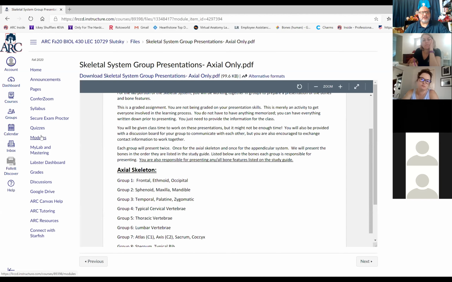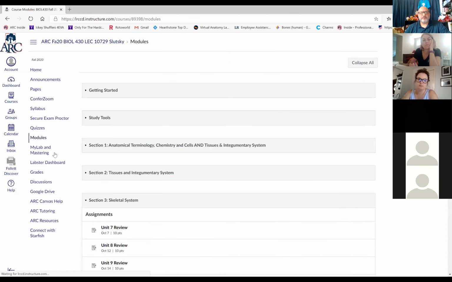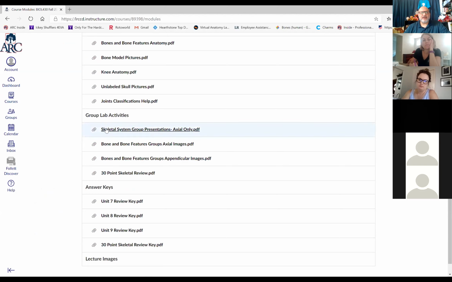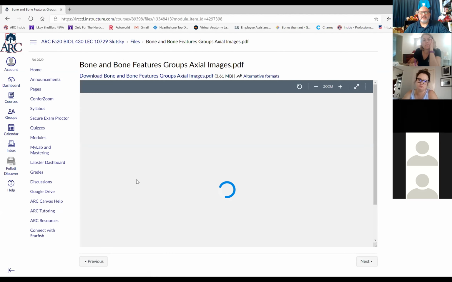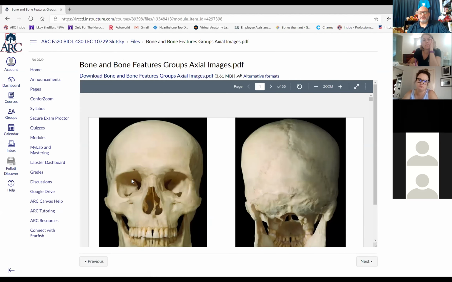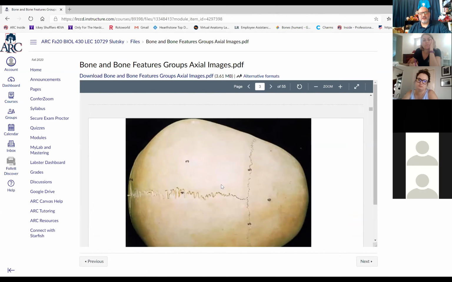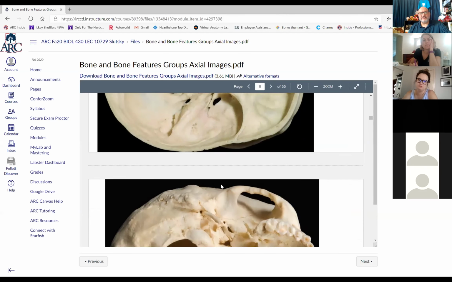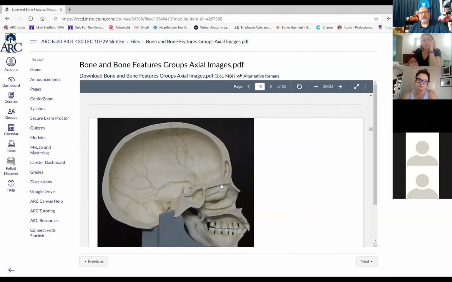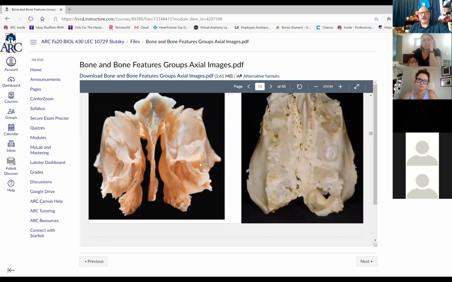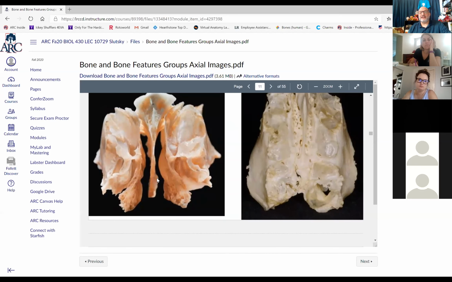But the other thing that you will see here in the modules is there are some bone and bone feature images. These are pictures that I just completely ripped off of the interwebs. I went to the almighty Google and got these. Here are some skulls. Here are some different views of the skull. Again, sagittal sections, all of these things, and some disarticulated bones.